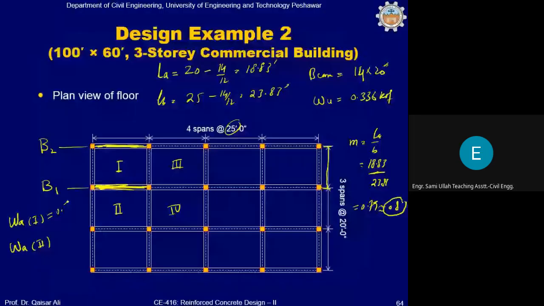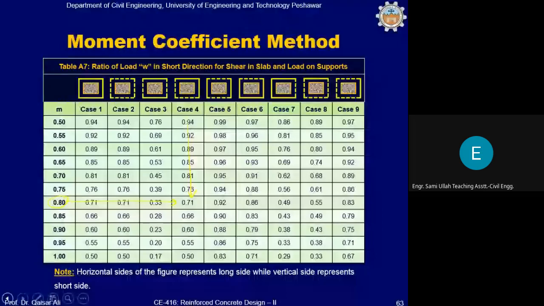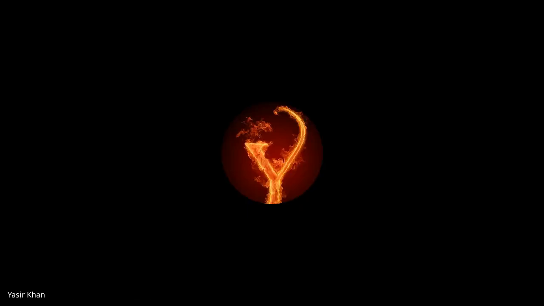Okay. And WA for panel 2 is how much? First of all, panel 2 corresponds to which case? Case 9, because the shorter side is discontinuous.